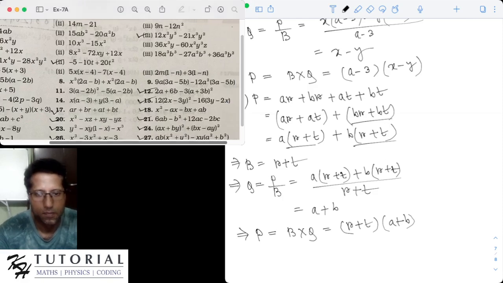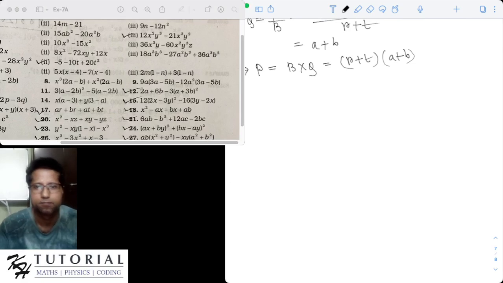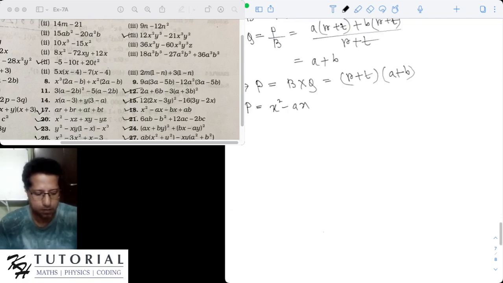Okay, let's do problem number 18. The polynomial P is given as x square minus ax minus bx plus ab.